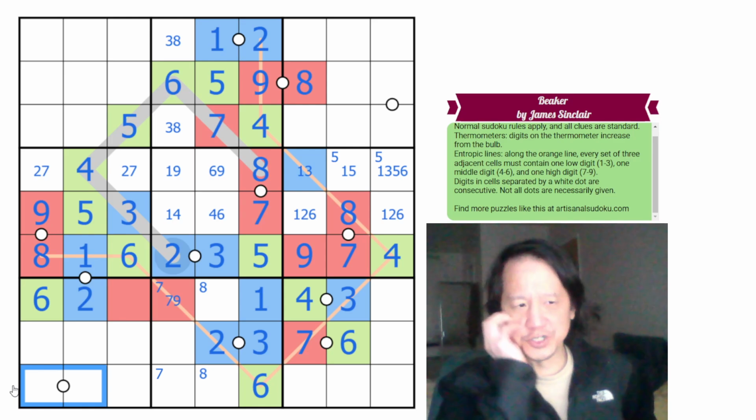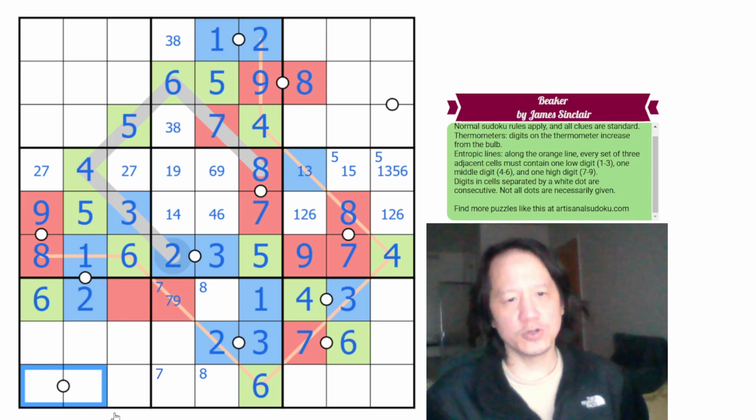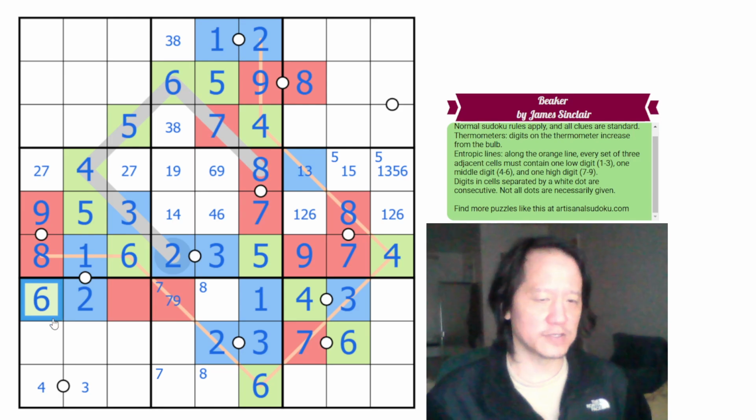What can these two digits be? It cannot be 1 and 2 because the 2 is already in the box. It could be 3, 4, but it would specifically have to be 3 there and 4 there. It cannot be 4 and 5 because if this is 4, this would have to be 5. But then we already have a 5 there. It cannot be 5 and 6 because of the 6.